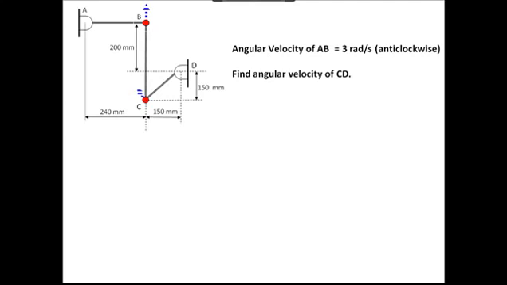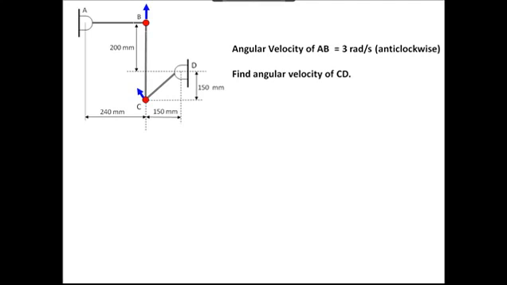Now look at link AB. First, because A is the instantaneous center, the velocity of B has to be perpendicular to AB in the upward direction because AB is moving in anti-clockwise direction. Now look at link CD.